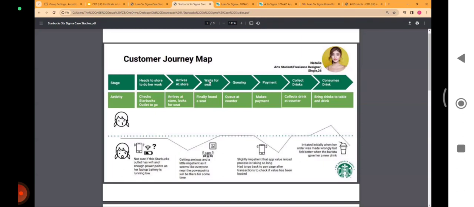Now, what exactly is called an inefficiency? An inefficiency, basically, is a defect. Anything that does not meet customer requirements or anything that makes the customer unhappy. And in this instance, the defect or the inefficiency is basically the stage whereby the customer is looking for a seat. So this is an example of a process where you can identify and address these inefficiencies.